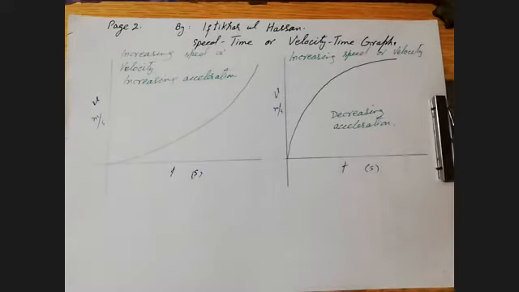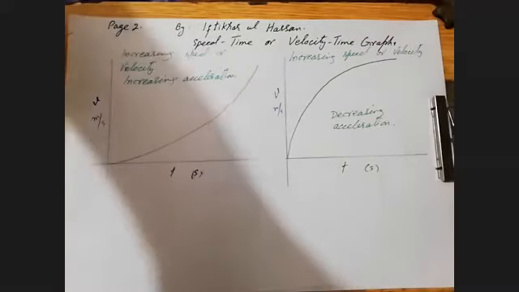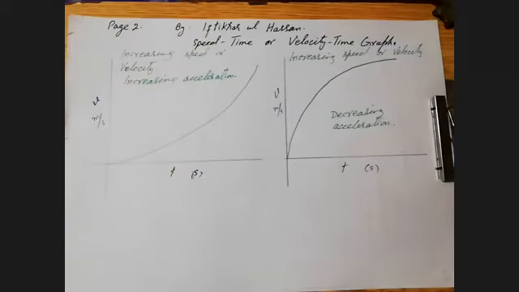But what makes the difference here? We have to consider that difference. As I told you, the gradient or slope of the velocity time graph gives you the acceleration. You know it better.